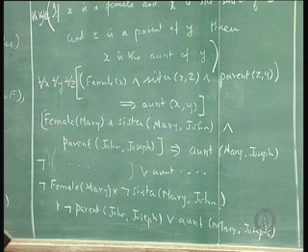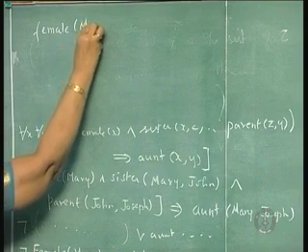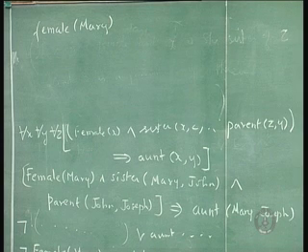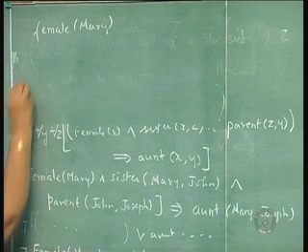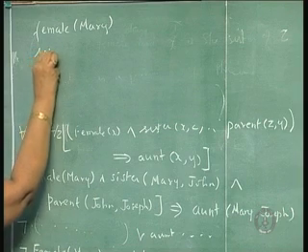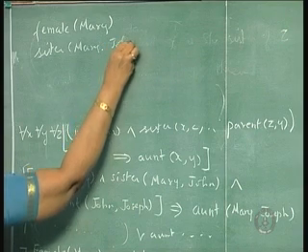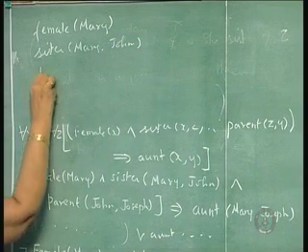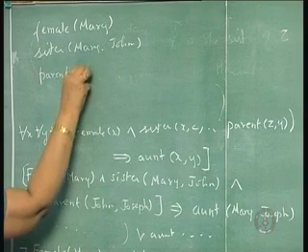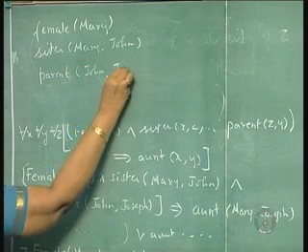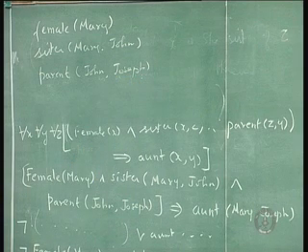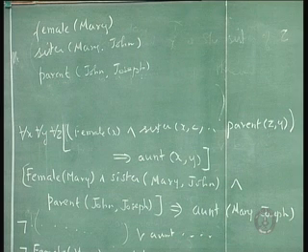Now, you have facts like female Mary, then you also have facts like sister Mary John and parent John Joseph. Now, what you want to conclude is aunt Mary Joseph. This is what you want to conclude.